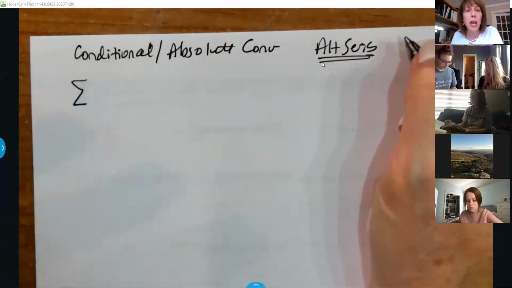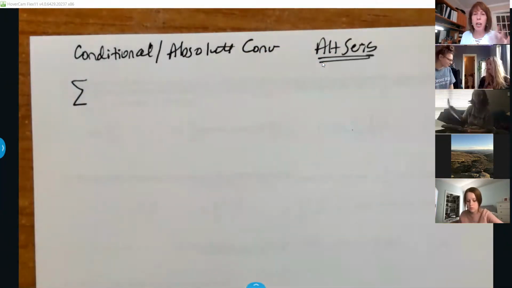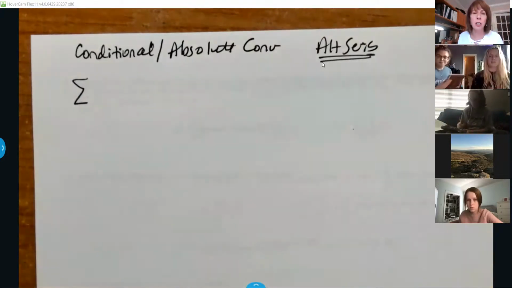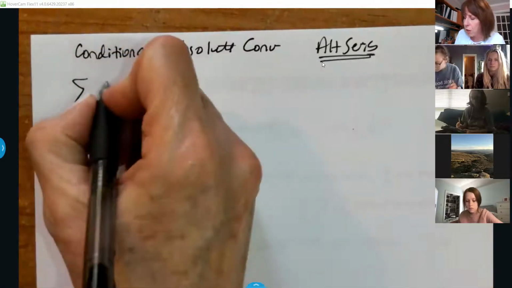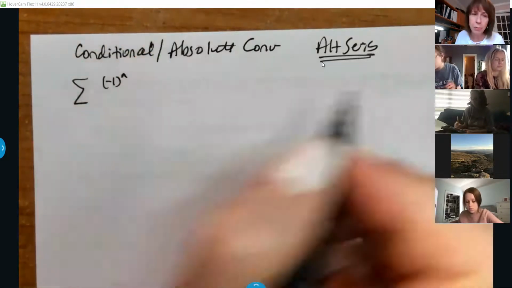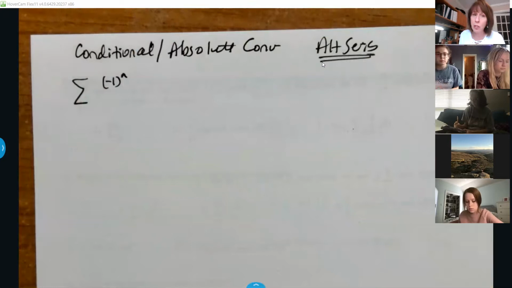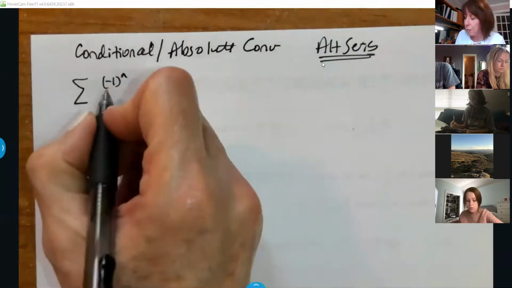That's the only time. The other series, it either converges or diverges, and that's it. There's no conditional or absolute. So all of these ones will be alternating in some way, if I'm going to ask you about conditional or absolute.